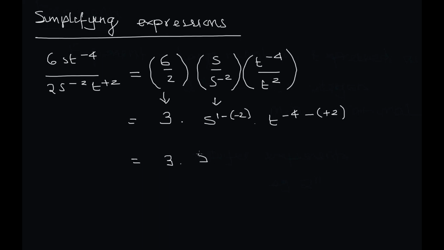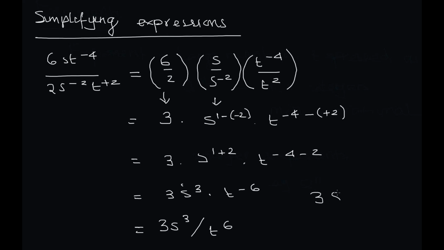So now we have 3 s power 1 plus 2, which is 3 s cubed, and t power minus 4 plus 2, that becomes t power minus 2. Hmm, in the end we have 3 s cubed over t power 6. We flip that one, and this is the final expression that we have simplified. This is the simplest form of the expression that we were given.